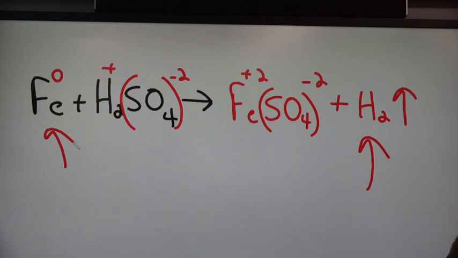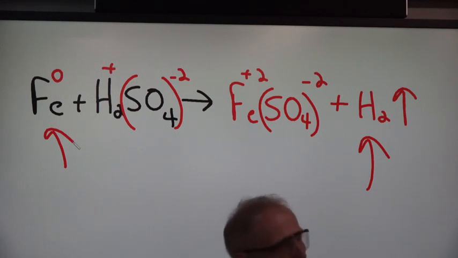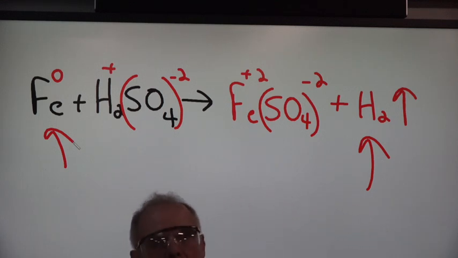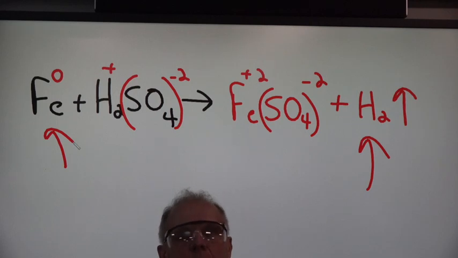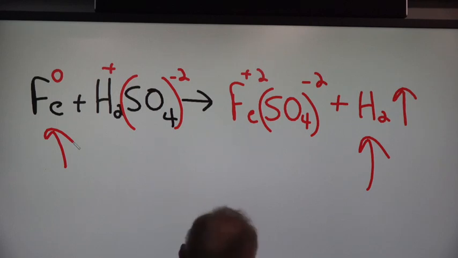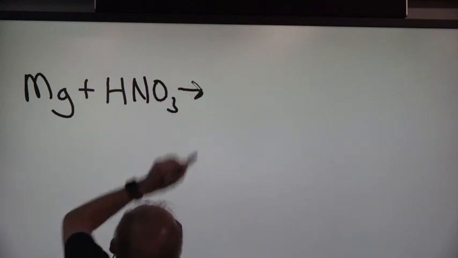Now, we're going to do one more experiment, and then I'm going to give you your homework. Magnesium, which is fairly high up the chart, and so we're going to go Mg plus, then we're going to use some nitric acid, HNO3 yields.